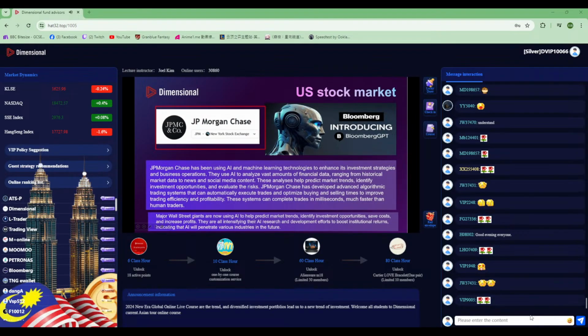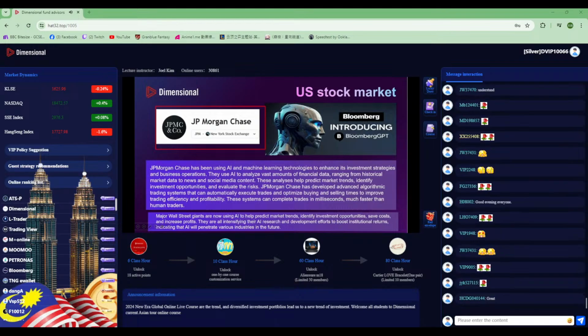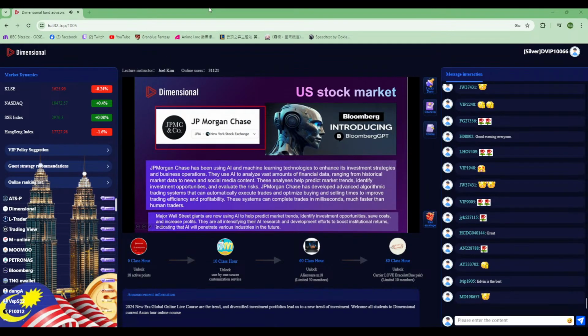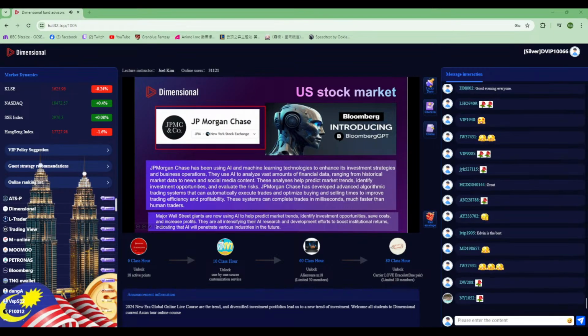Okay, now it's not just JP Morgan Chase that is using AI. Bloomberg, a globally renowned financial information and data company, has also released Bloomberg GPT, which is an AI system built specifically for the financial industry and based on decades of data collection.